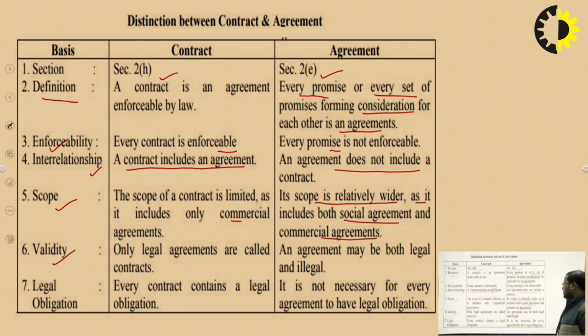Only legal agreements are called contracts. In case of agreement, an agreement may be both legal and illegal. Legal obligation: every contract contains a legal obligation, but it is not necessary for every agreement to have a legal obligation. So these are the major differences between the contract and agreement.